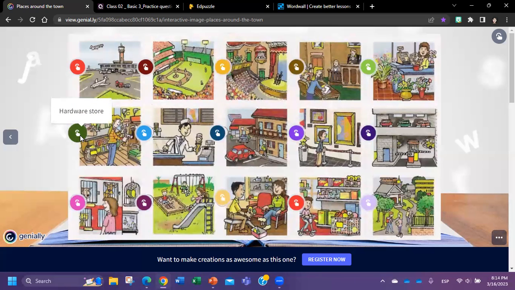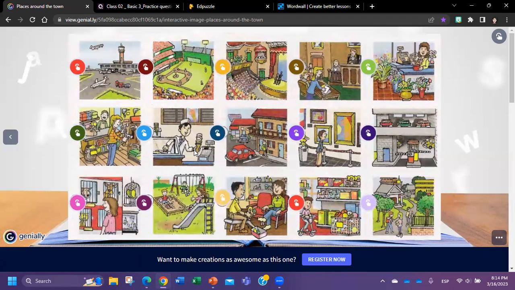Ferretería, pero no sé cómo dice en inglés. Ferretería. It's a hardware store. Hardware store. Okay. That is when you go to preun, you can say, I go to the hardware store. So you can practice. Okay, what about the next one?